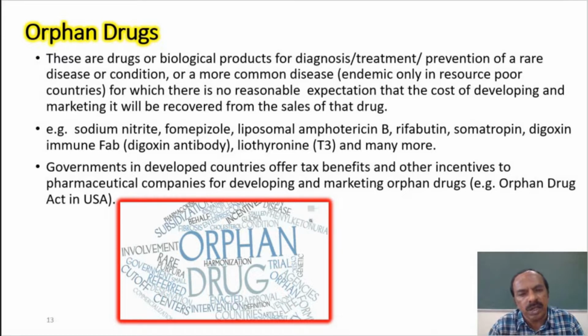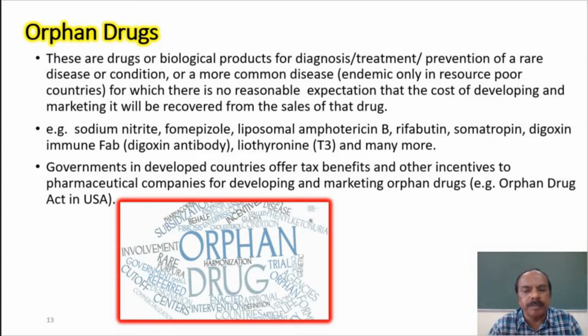So these drugs are called orphan drugs. For example, we have sodium nitrate, and we have fomepizole, and we also have liothyronine, and there are many kinds of drugs that are developed for orphan diseases. Orphan diseases are the diseases which are very, very rare.